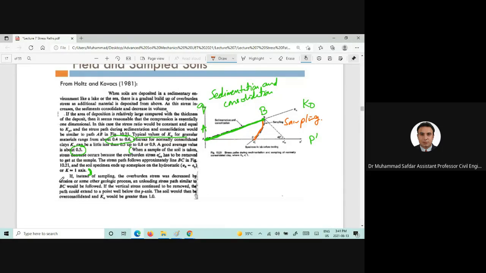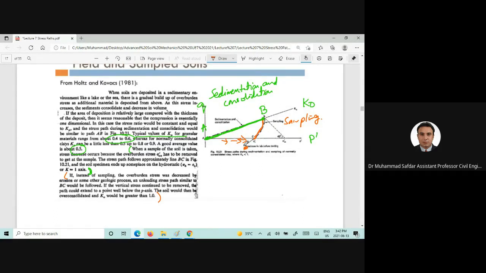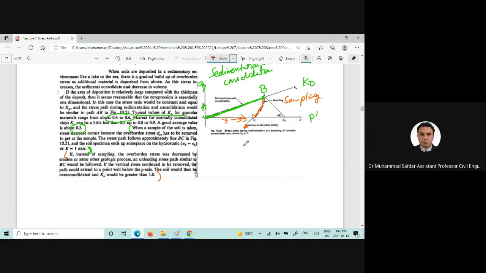But in some cases, this overburden pressure can also be removed and it can reach a stage below that p prime level, due to erosion or some geological process.